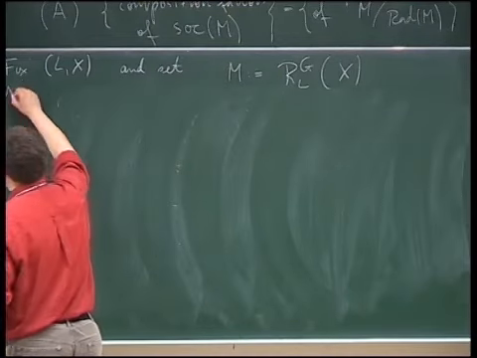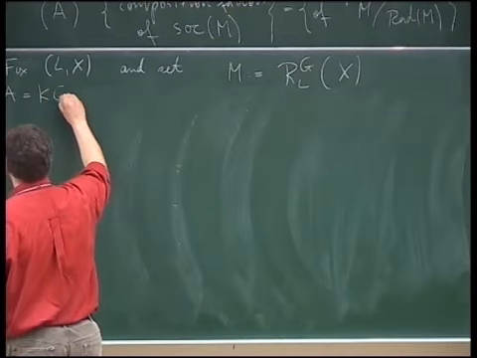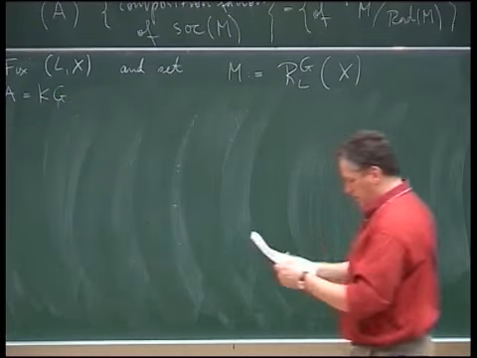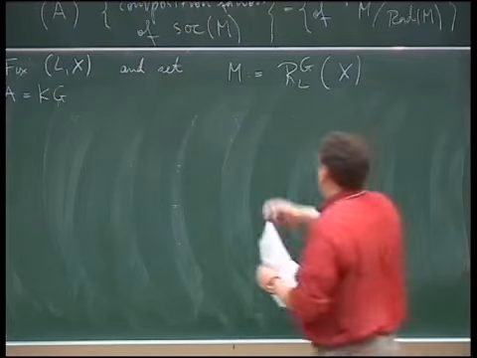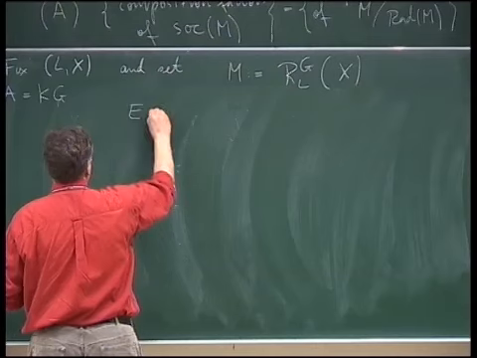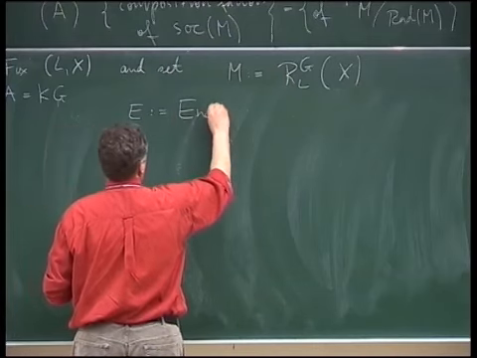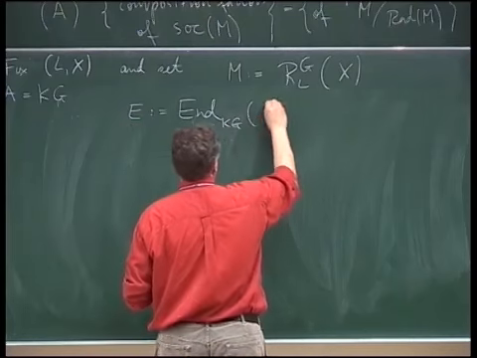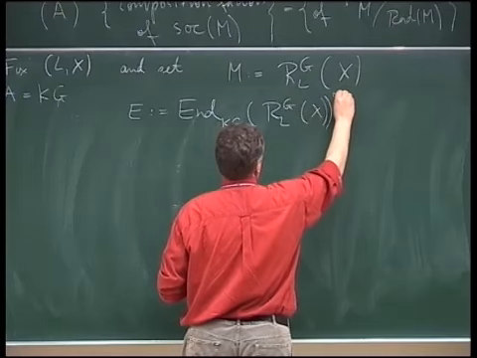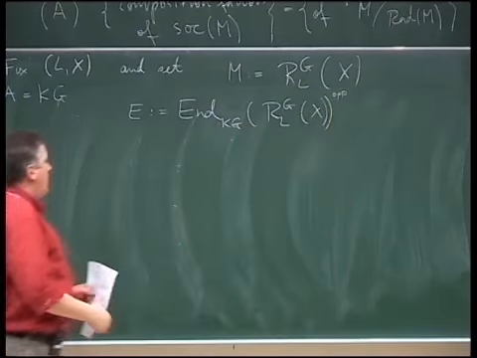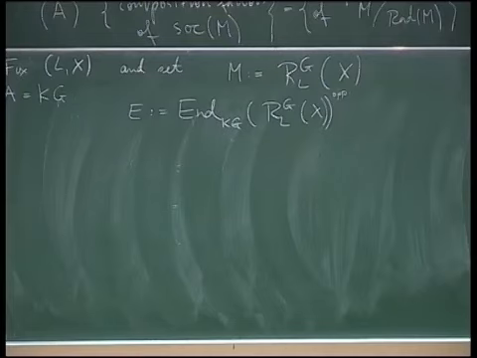Of course, A is the group algebra of G. And then there is an endomorphism ring associated to this. And the question: are these conditions again satisfied?